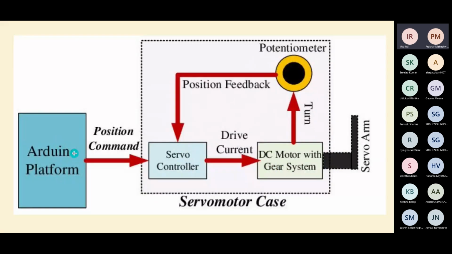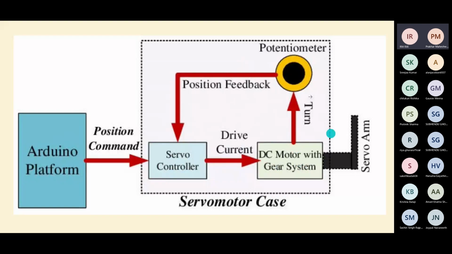Like we want the motor to rotate by 30 degrees. So we have uploaded that particular data here, and this data is transferred to the servo controller or this control circuit. So this control circuit transfers the data to the motor, and the motor rotates by the given angle, by 30 degrees or any input angle that we have written here.